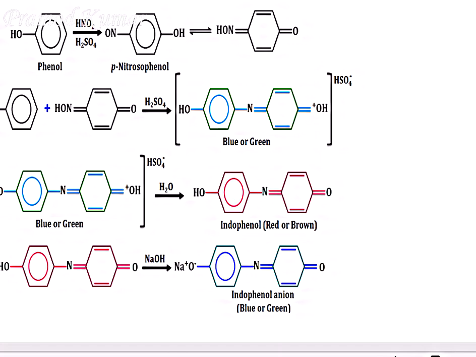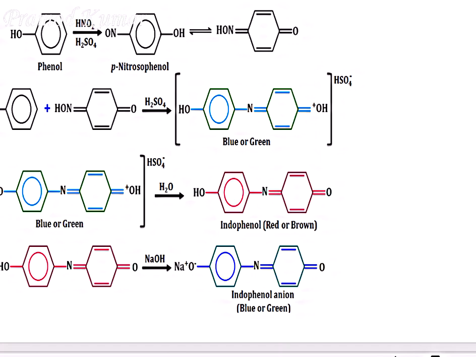Okay, so let's start with the Lieberman's test. So what is Lieberman's test? When a phenol, I will just draw phenol with black color, is treated with nitrous acid, HNO2, in presence of sulfuric acid.